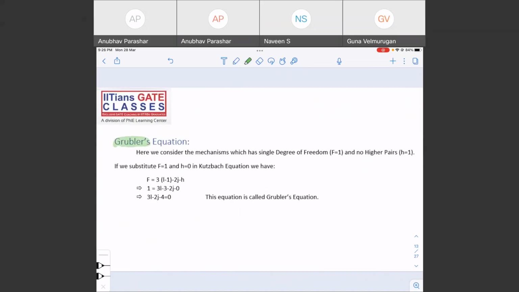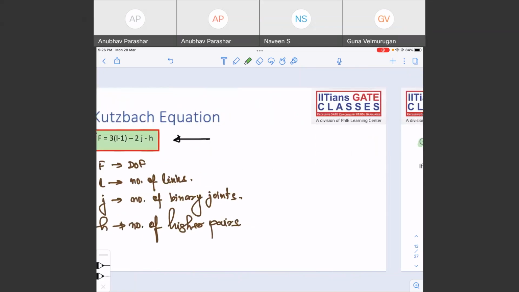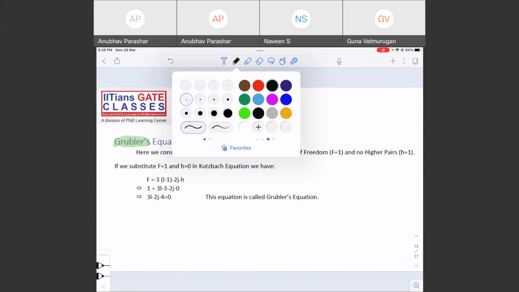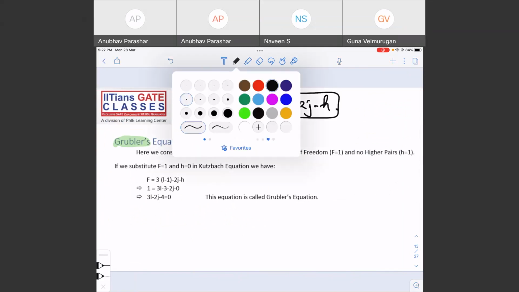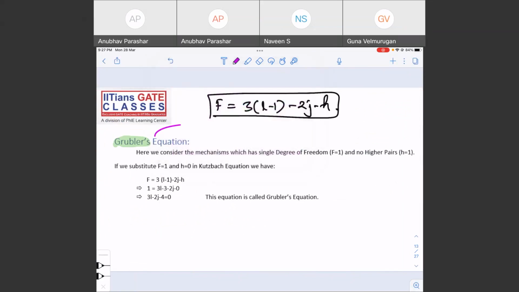Now there is another scientist whose name was Grubler. He picked up the Kurzweil equation, 3L minus 1 minus 2J minus H, the original Kurzweil equation, and started researching on it.